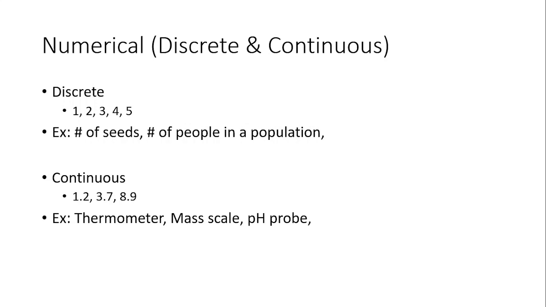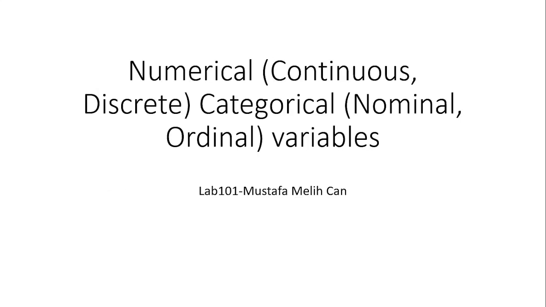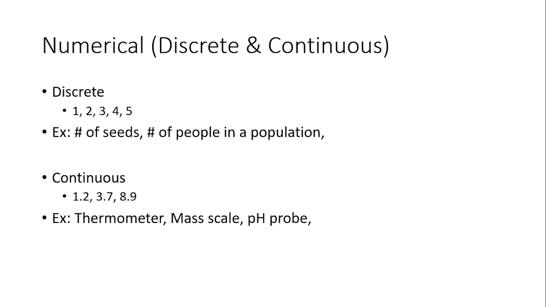I forgot to talk about the difference between the previous video and this video. So this video is about more statistics. The previous video was about the variables that you need when you do the experiment. These are the variables that you need, like the categories that you need in the statistical analysis.